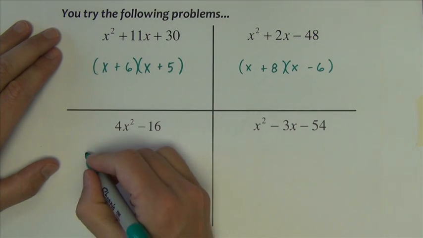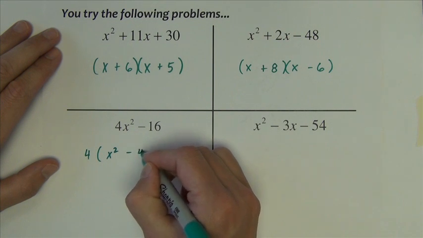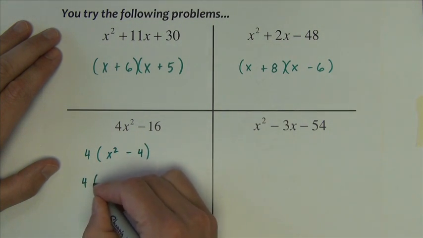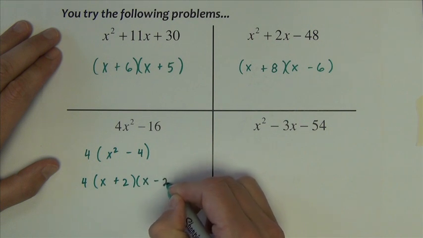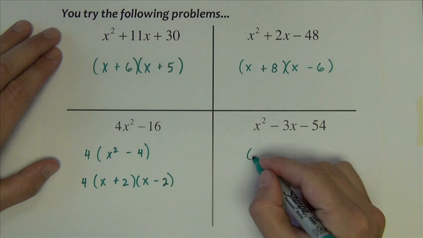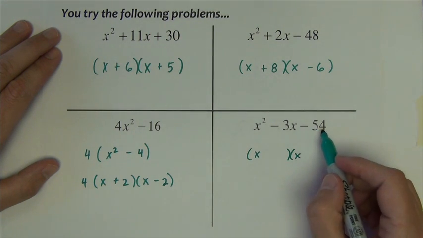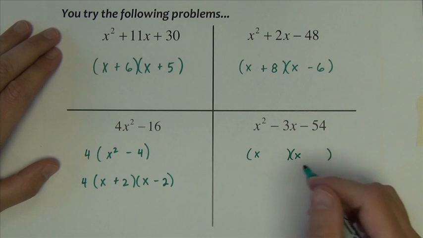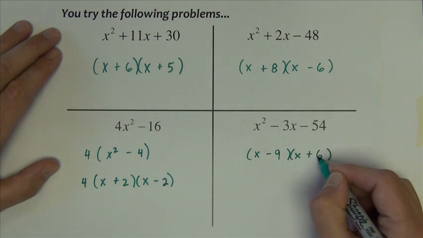Next one, we can take a 4 out. That leaves 4, x plus 2, x minus 2. Next one, I want to multiply to 54, add to negative 3. That's going to be negative 9, positive 6.